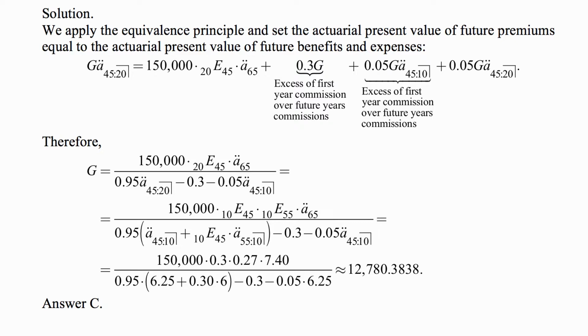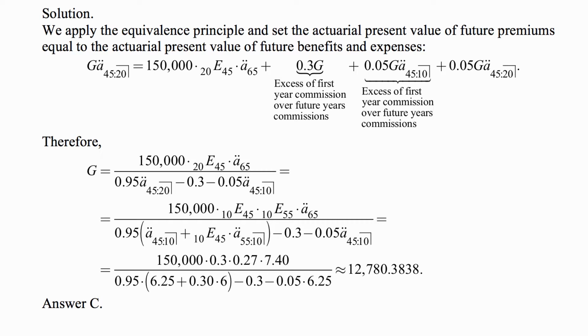Then if we move 0.3 to the other side, it will be negative 0.3. And if we move 0.05 ä_{45:10} to the other side, it will be this expression, but with a minus sign. And so G is equal to the actuarial present value of benefits, really, divided by all the terms that G was multiplied by, basically.